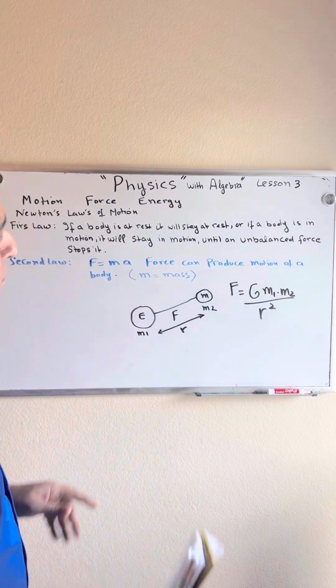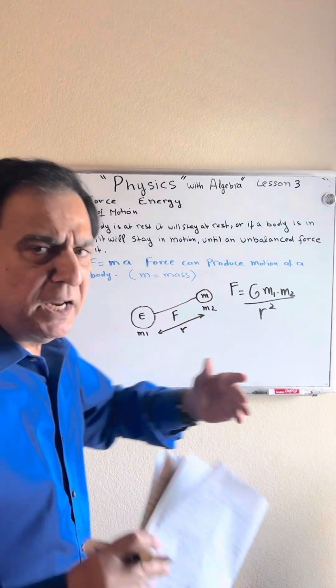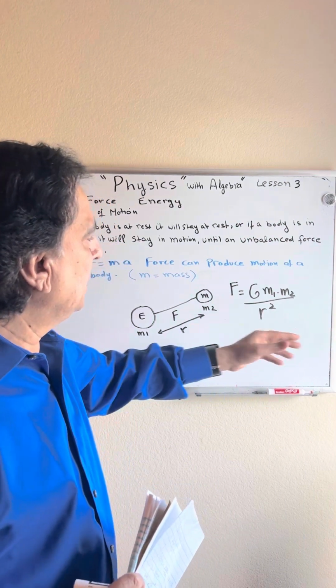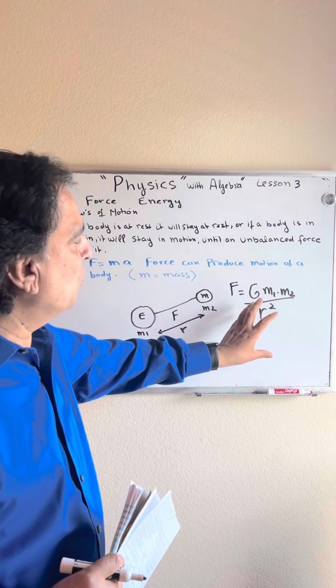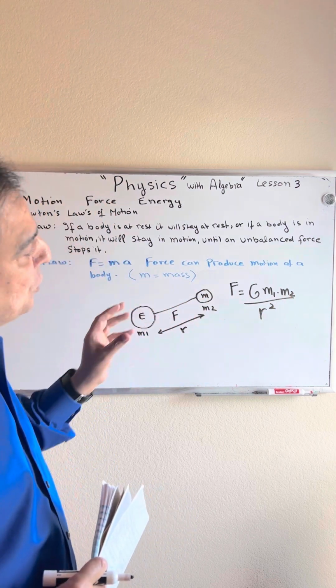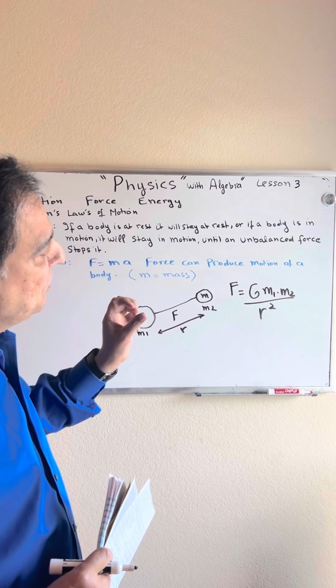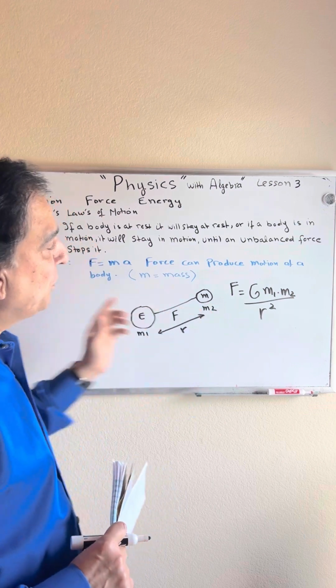So if you have more distance between earth and moon or any two objects, okay, then what will it do? It will basically reduce the force, because this number is going to get big. Then you apply more force.